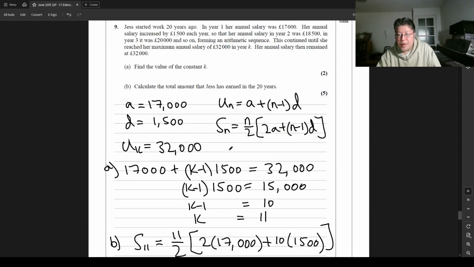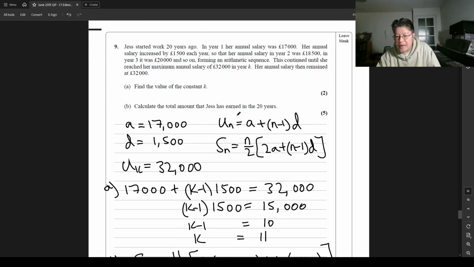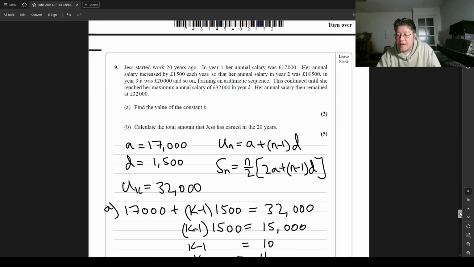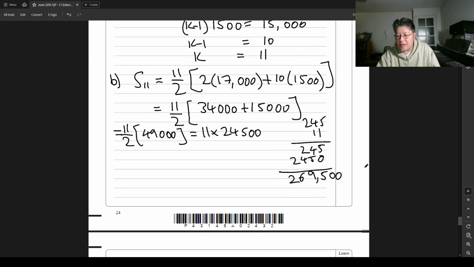So there's 9 years remaining, and we're told that her maximum salary was 32,000, and once she hit that, it remains the same. That means for the remaining 9 years, she earns 32,000 per year. So we have to do 32,000 times 9.